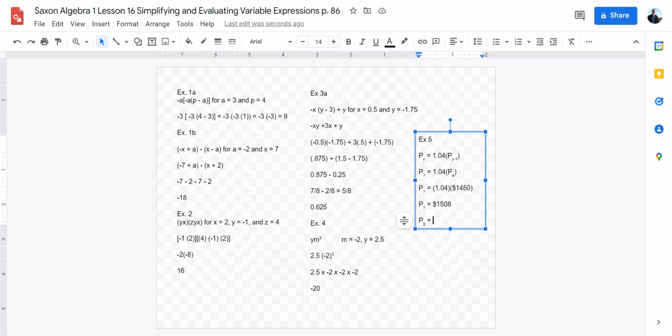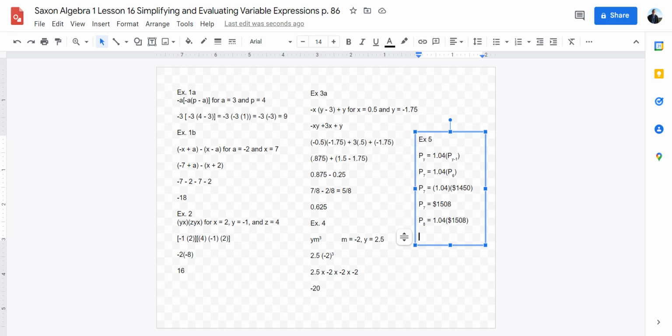So all I'm doing with this subscripted equation is running it again and again until I get the year that I'm looking for. I had to run it twice to get to year 8. So here I'm going to do 1.04 times P_7. What was the previous year? It was 1,508. And then I find that $1,508 times 1.04.